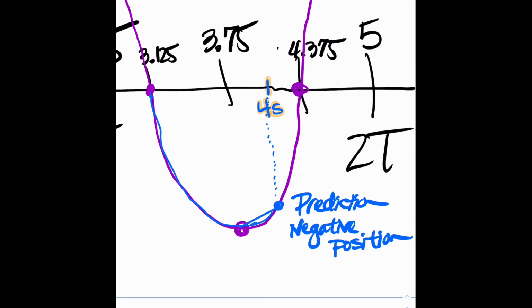I don't know why that keeps wanting to make a straight line. It's going to have a positive velocity at 4 seconds as it's moving back up towards equilibrium. So we're predicting a negative position and a positive velocity. Once again, this is at 4 seconds.